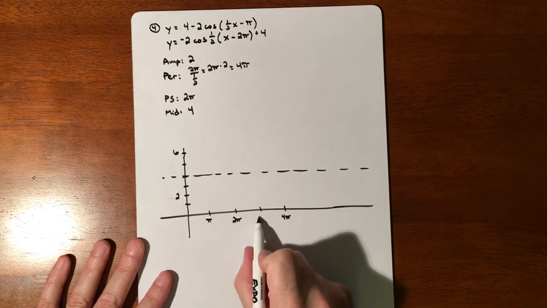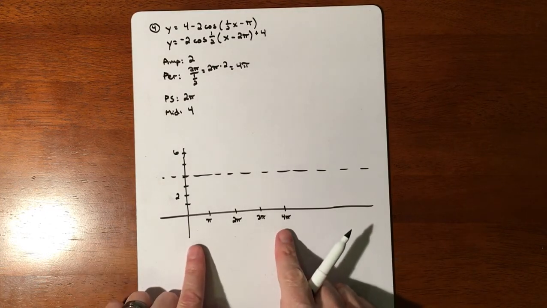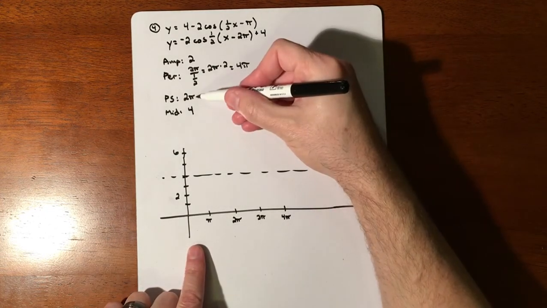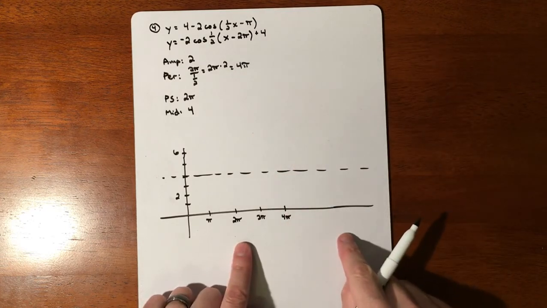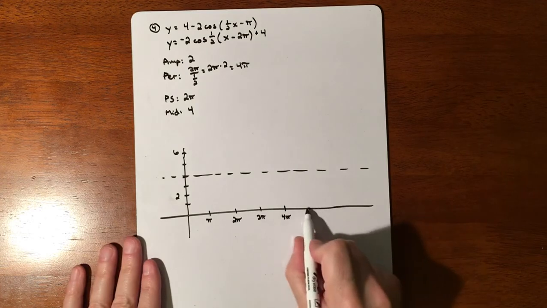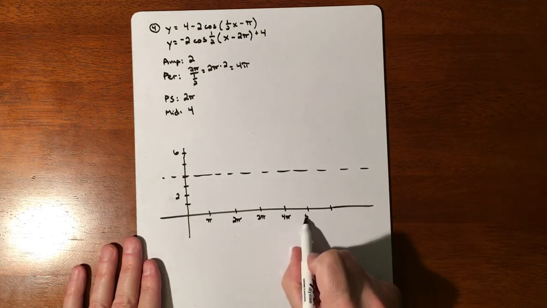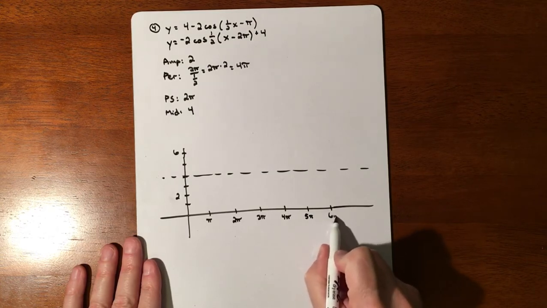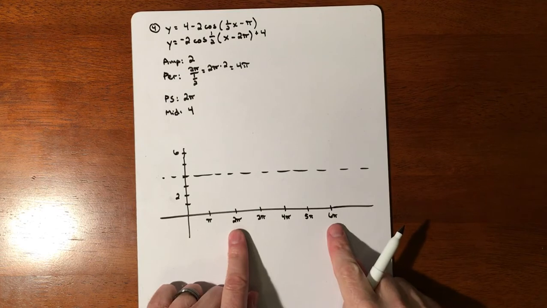So 1 pi, 2 pi, 3 pi. All right, so that's our normal graph, except everything is going to shift right pi over 2. So I have to extend my graph out to fit my one full cycle: 5 pi, 6 pi. So we're going to go from 2 pi to 6 pi when we graph this thing.